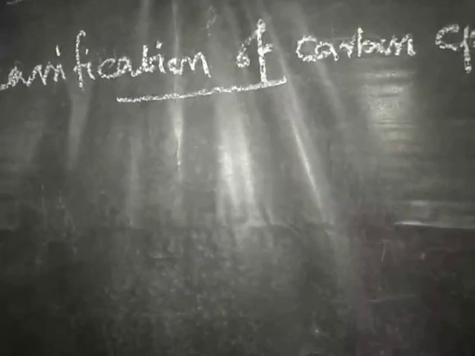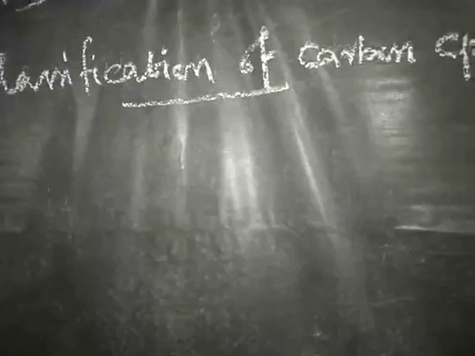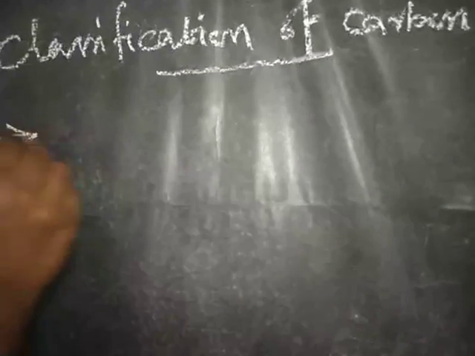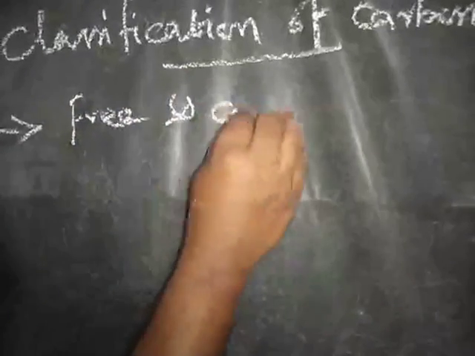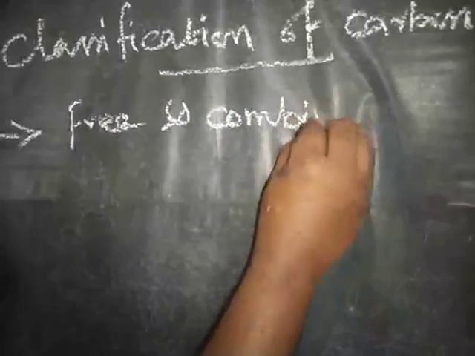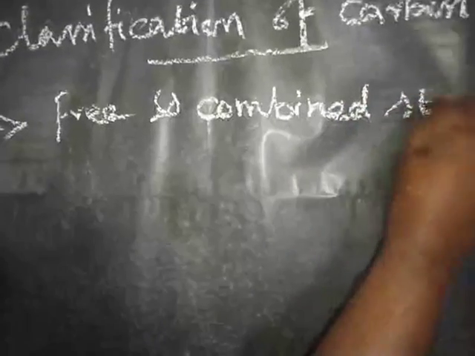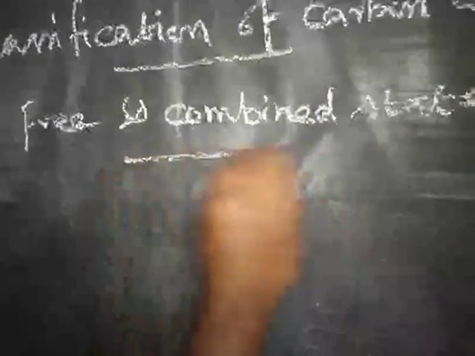Carbon is found both in the free state as well as in what state? Combined state. Carbon is found in free and combined state. Sometimes carbon alone is present, sometimes carbon is combined with some other element. So that is the meaning of combined state.